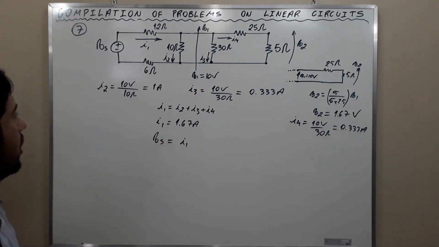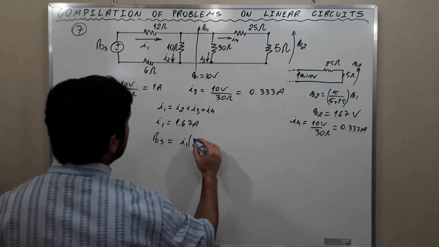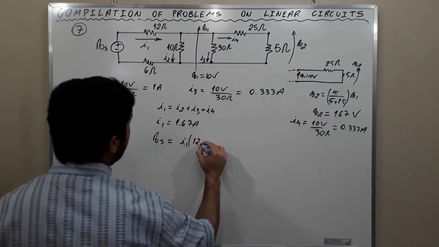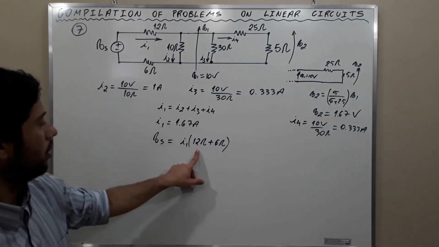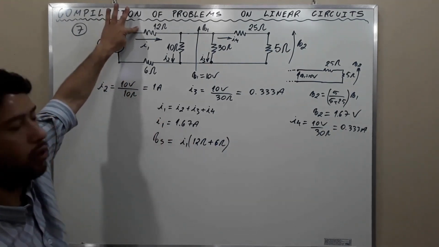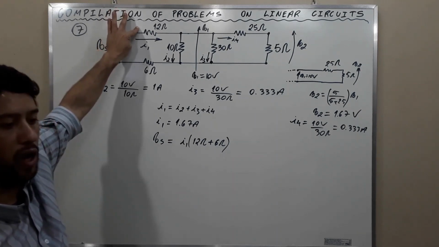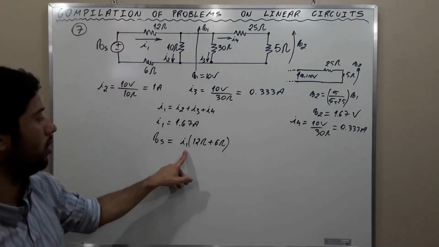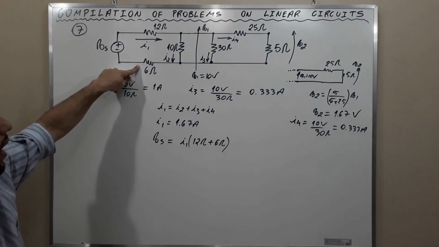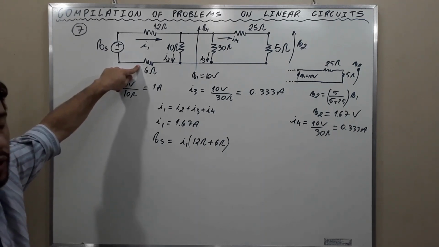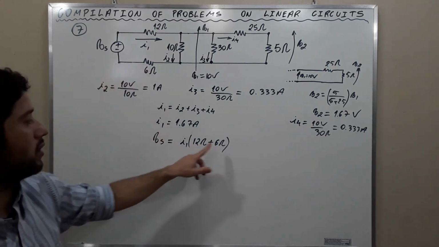So I1 times 12 ohms plus 6 ohms. I1 while passing here will cause a voltage drop, and the value of this voltage drop is I1 times 12. While passing here, I1 causes a voltage drop of I1 times 6.